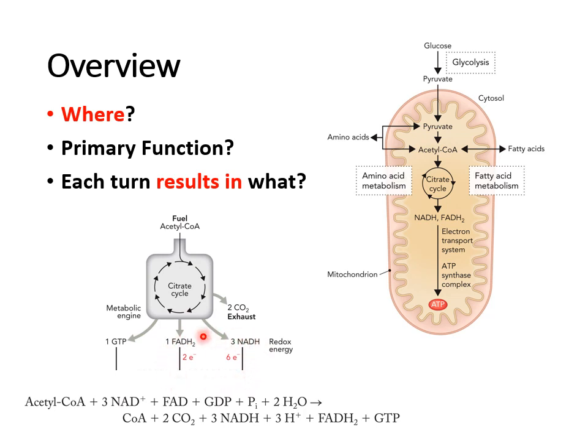Now, what's important about these products that you see here is when you look at the citrate cycle, those products that it makes, such as NADH and FADH2, they then feed into the electron transport chain and the ATP synthase complex, which means that from these products, you can then make a ton of energy of ATP.